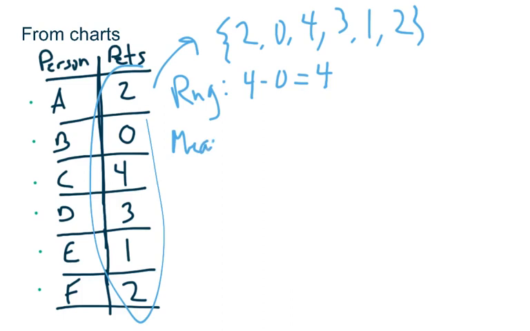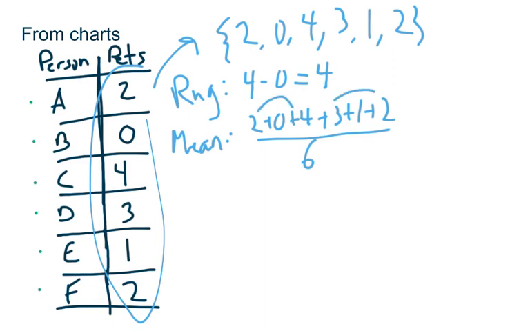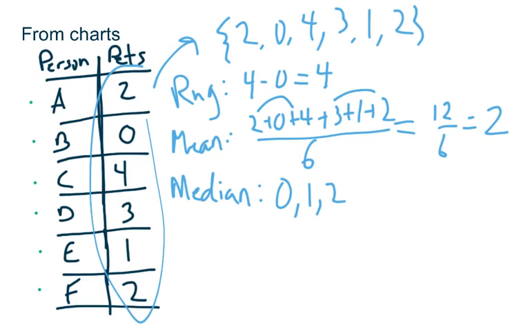For our mean, we need to find the average. So that's going to be 2 plus 0 plus 4 plus 3 plus 1 plus 2, all that divided by 6. And so let's see, we have 12 over 6, which is equal to 2. We go to the median. We need to find the middle one, so arrange in numerical order: 0, 1, 2, 2, 3, 4.